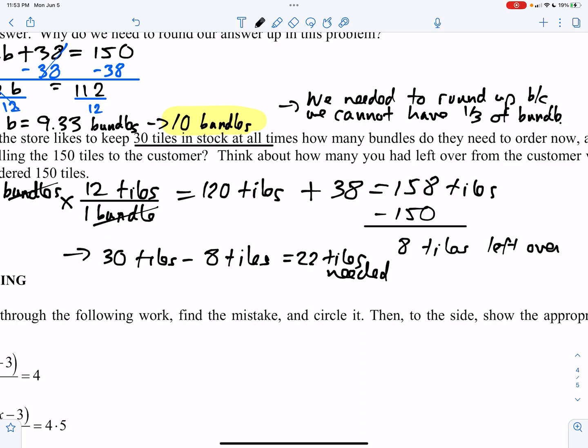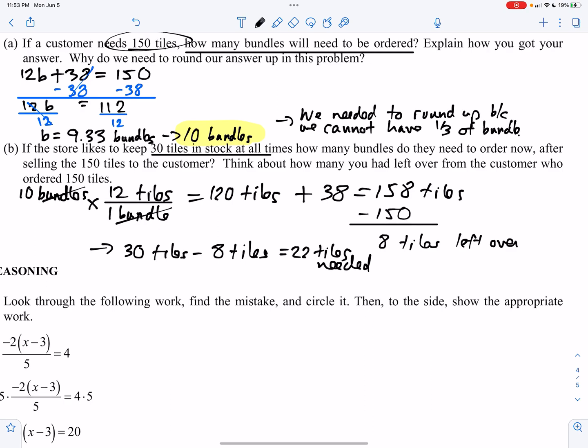So 12B plus the 22, instead of the 38, 12 times the number of bundles equals 22 tiles, and I solve for the number of bundles.